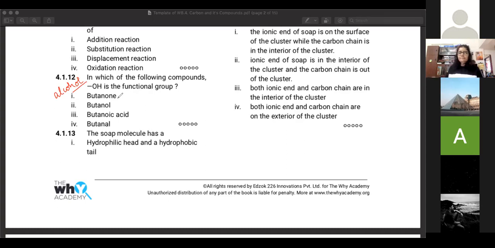Check and answer. So the answer to this would be butanol. Revise that table, keep studying it, keep referring to it.